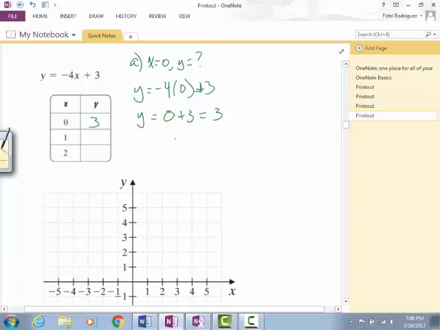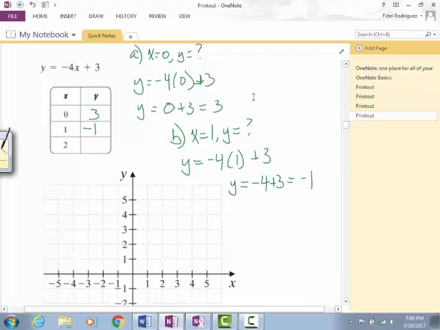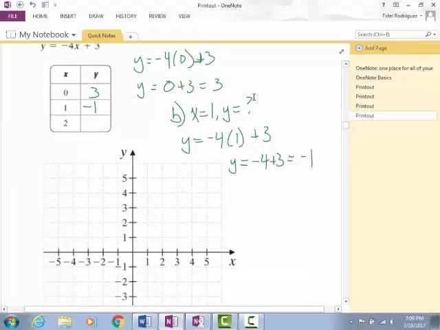Now let me do my second part, part B. Here we know that x is equal to 1, but we don't know the value of y. So y equals -4 times 1 plus 3. So y equals -4 plus 3, and that's just -1. I'm going to scroll down just a little bit, and I can do my third part.